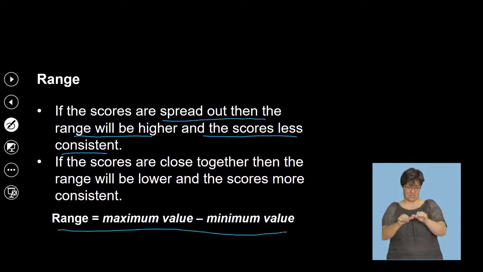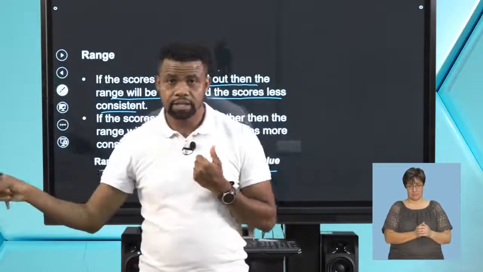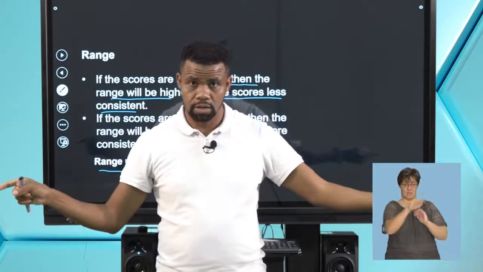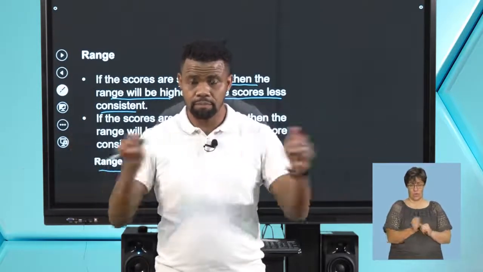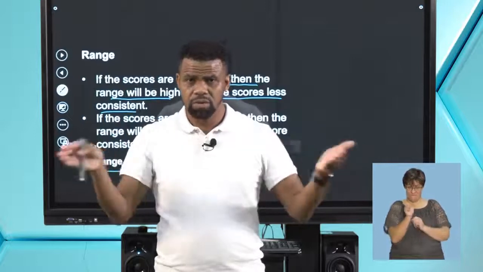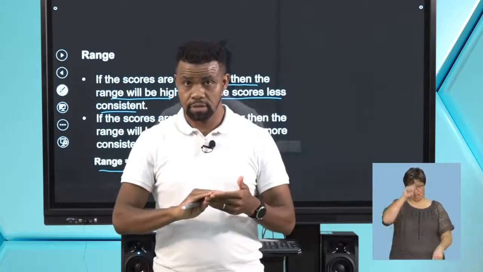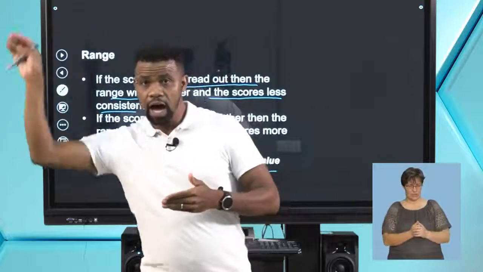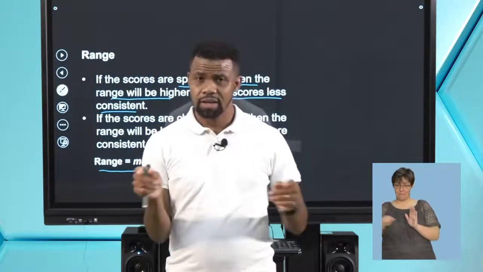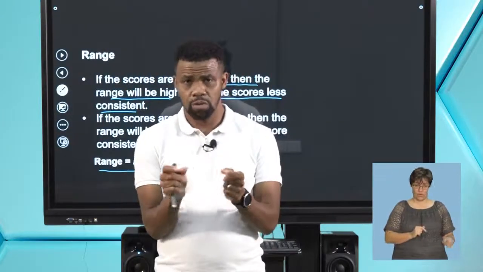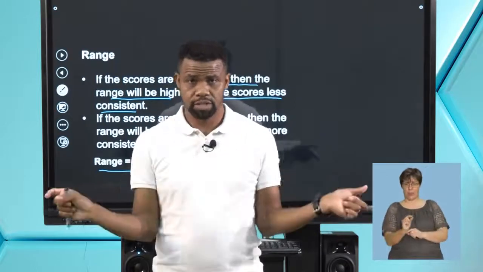And we know that the range is the maximum value minus the minimum value, the highest minus the lowest. If the gap between them is bigger, it's a bit inconsistent. But if the deviation is small, the data might be consistent.